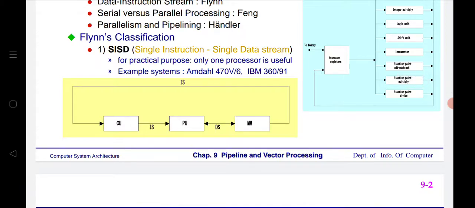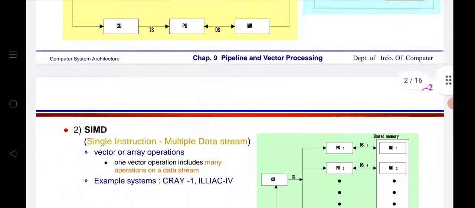Here you have a control unit, an instruction stream, a program unit, and the data stream from the memory. From the memory you take the data stream, which is later given as an instruction stream to the control unit. So this is a single instruction, single data stream. I have only a single data stream.